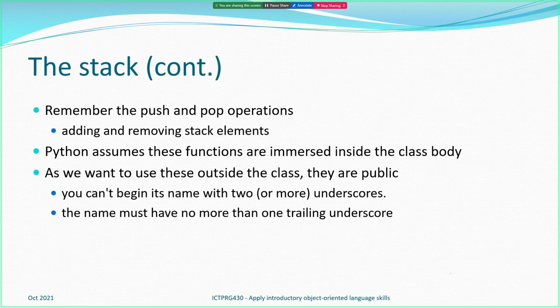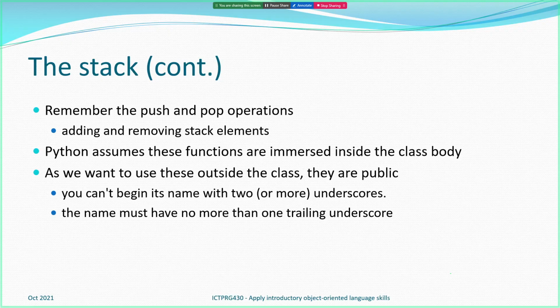Python assumes that these functions are inside the class body. So if we want to make use of these outside, we need to make them public. In other words, we can't use the double underscores at the start of the name because that makes it private.